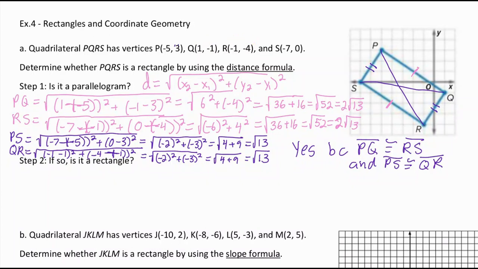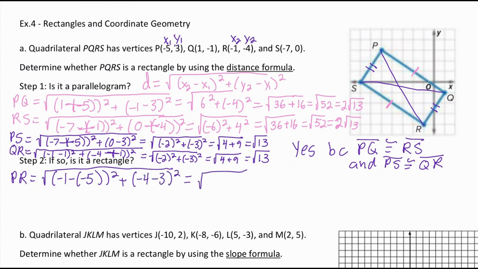Okay, so first I'm going to find what? PR. So I'll call this x1, y1, and this x2, y2. So I'm doing -1 minus -5 squared plus -4 minus 3 squared. So double negative will go positive.